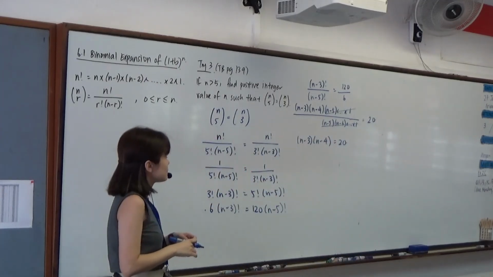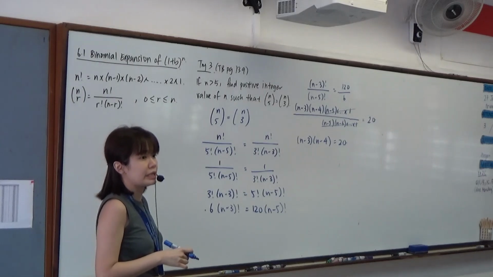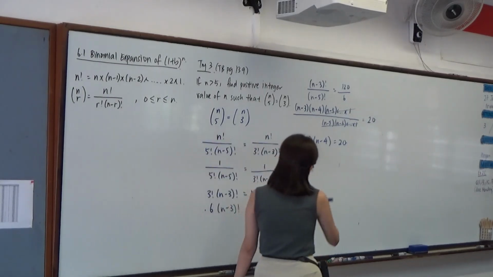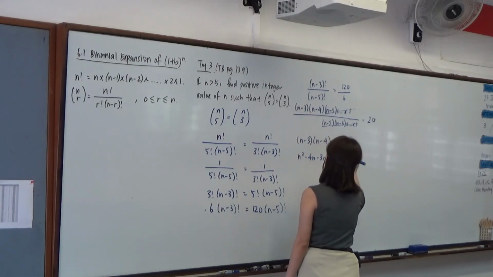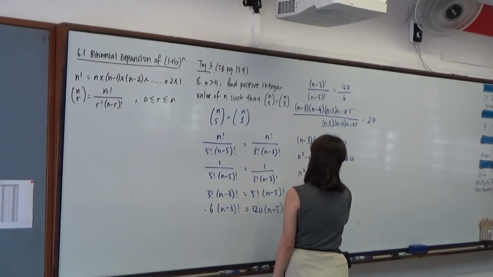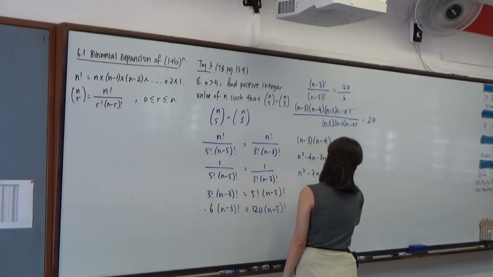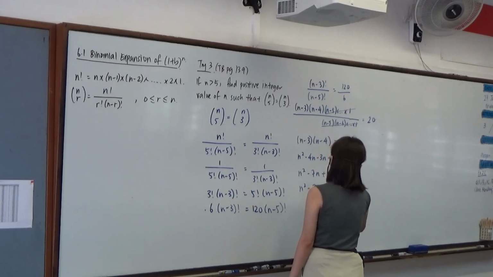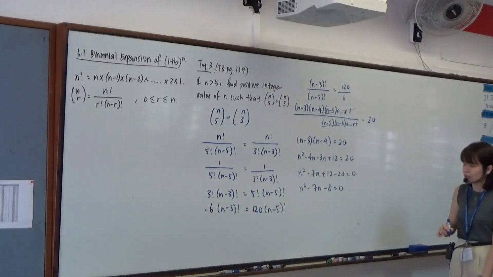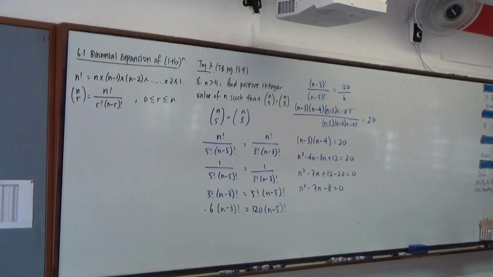That leaves us to solve a quadratic equation already. So I'm going to expand it, and we get n squared minus 7n minus 8.